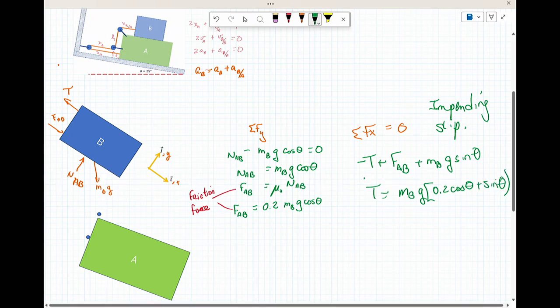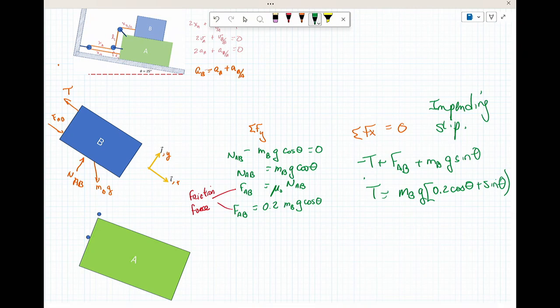So just substituting in the terms, I have FAB over there, so bring everything over to one side, and I should say that's equal to 0 because at this point I'm assuming no motion, and if I assume no motion, MA equals 0. Then T on the right-hand side, I already know what FAB is from the previous part, and I can tie all of this up together with cos and sines.